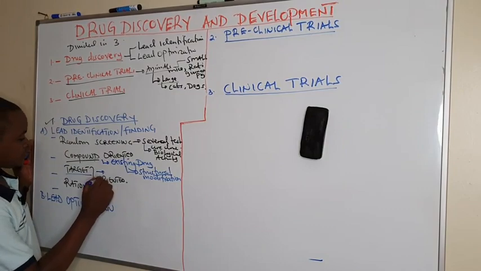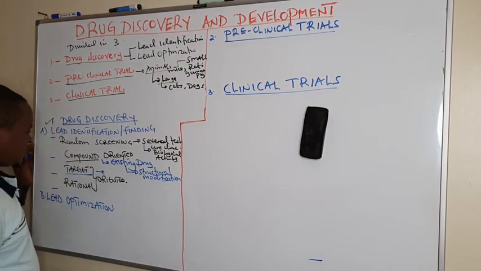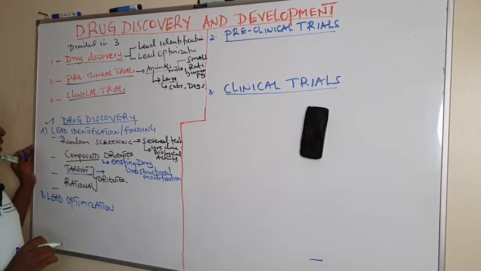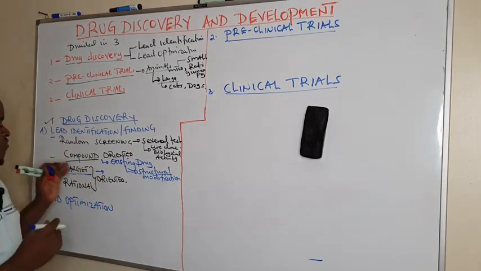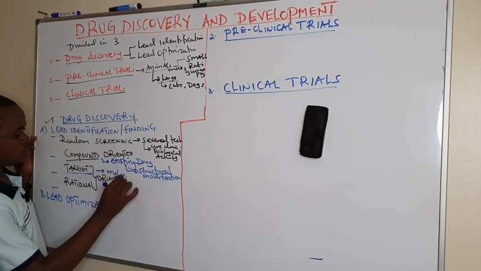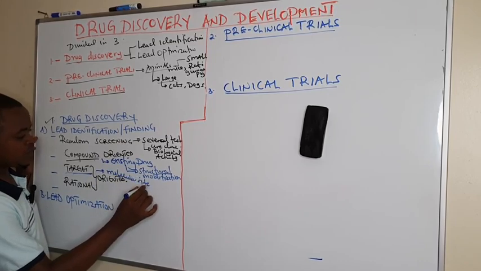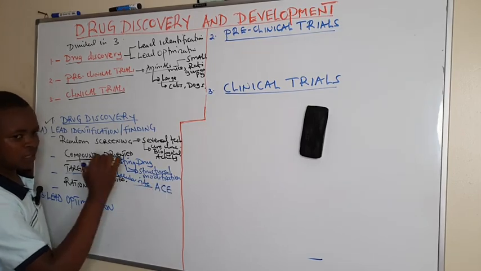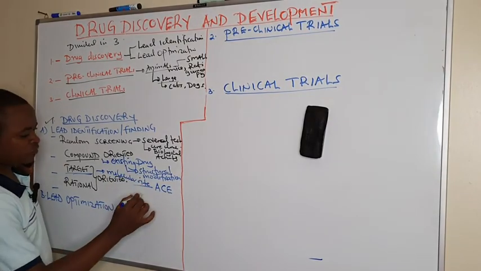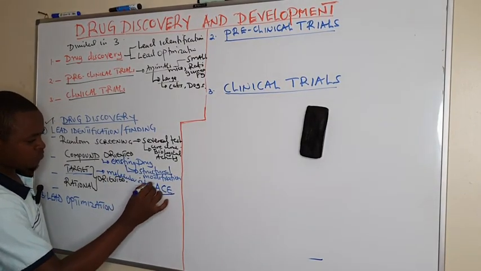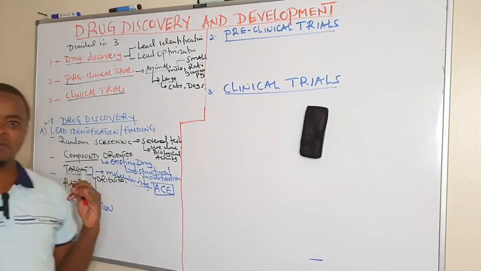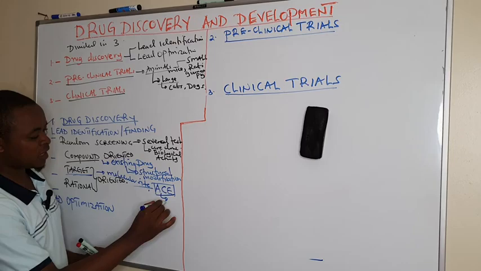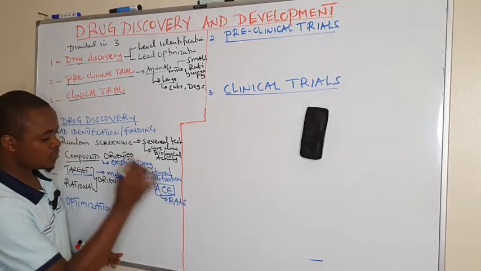So here we see you want to develop a certain drug that targets a molecular site, and this molecular site, for example, maybe you want to develop angiotensin converting enzyme inhibitors, then you try to target these ones, to see this drug will target what we call the RAS system.